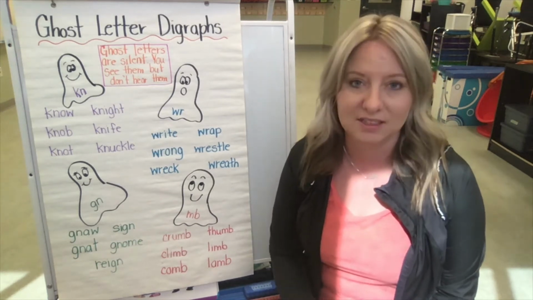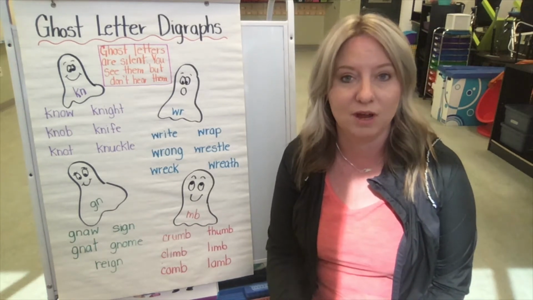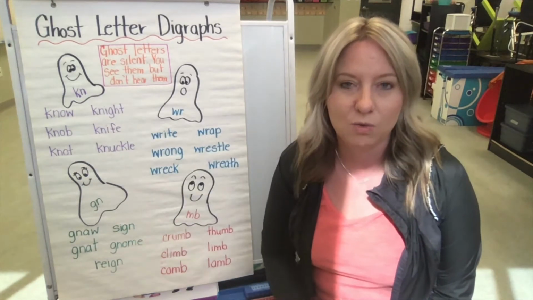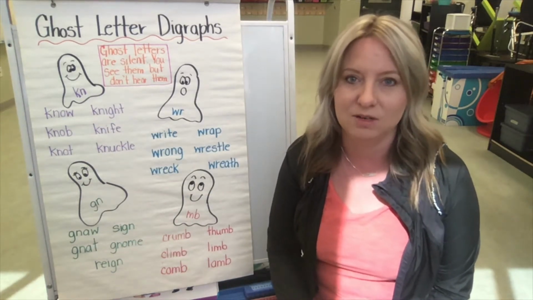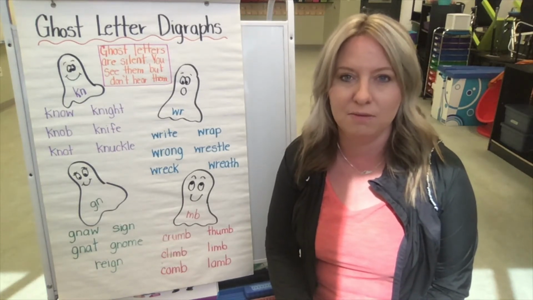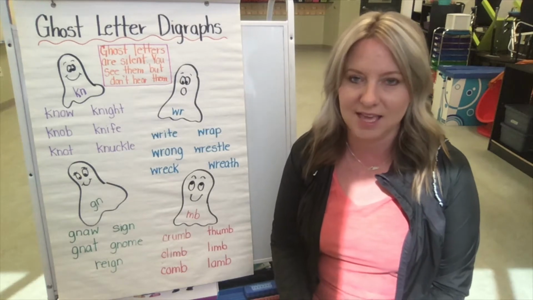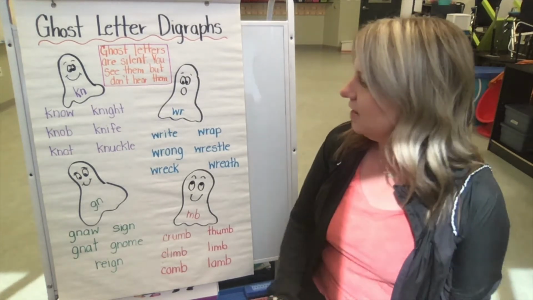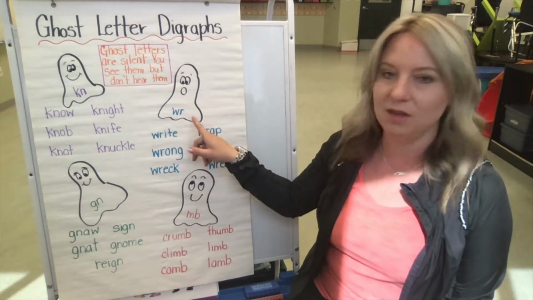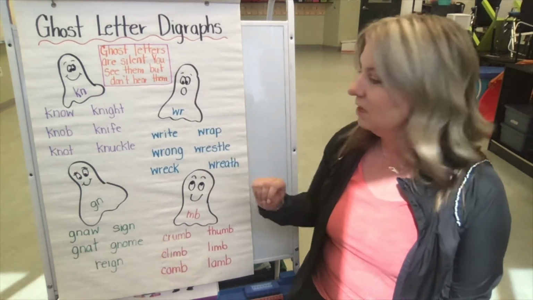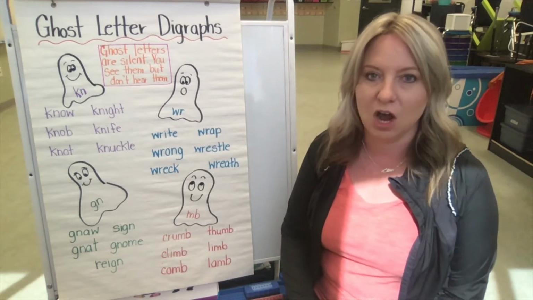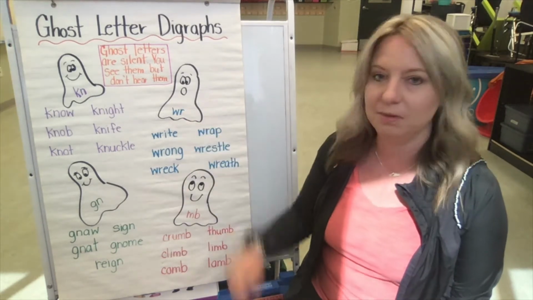And that can trick us because usually when we try to sound out or spell a word we don't know, we sound it out. So we don't hear that K sound. And so this is a circumstance where we need to just remember or memorize that it has a silent K at the beginning. Another example would be this ghost over here that has a W and an R together. Now, when we have a W and an R together, we usually only hear the R sound. So the W is a ghost.